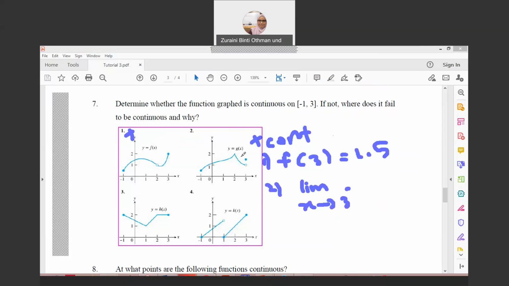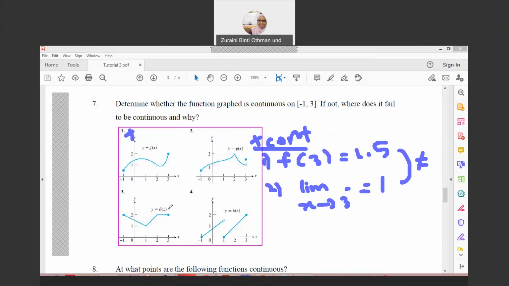Here we only know the left hand side, which is equal to 1. Okay, now these two values are not equal, so it is not continuous.